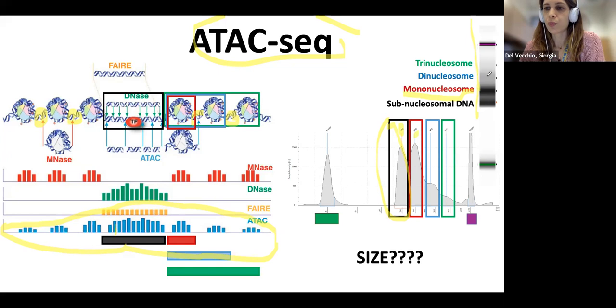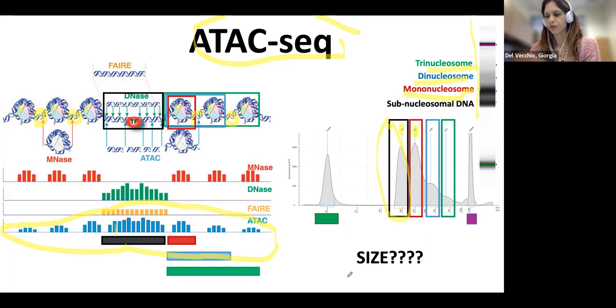The two bands on top, the bigger ones, are the di-nucleosome or tri-nucleosome, so fragments coming from two nucleosomes or three nucleosomes. About the mononucleosome, the size is 298.